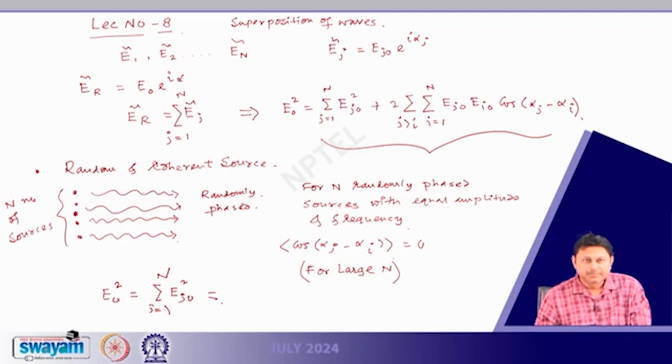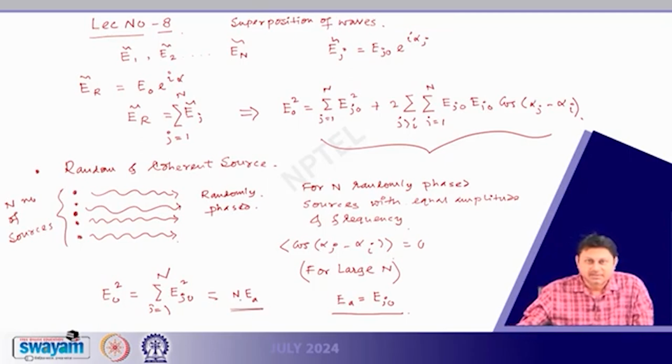Now if all the amplitudes are the same, I get n multiplied by that amplitude square, say EA. So EA is the amplitude for all the waves, that is, E10 equals E20 equals E30 equals EA.